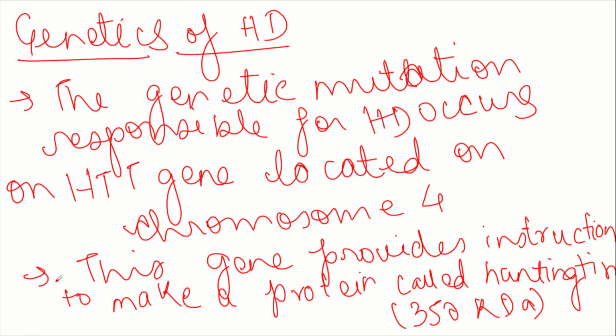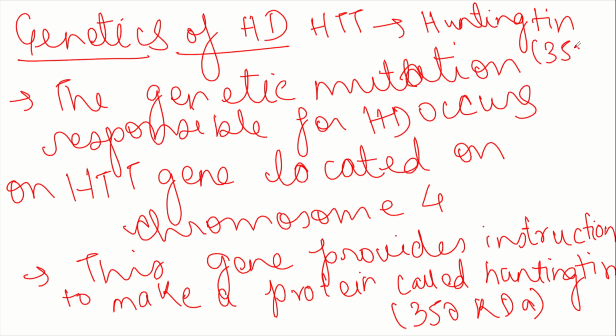Okay, so the HTT gene makes a protein called Huntingtin, which is of 350 kilodaltons, and the mutation occurs in this particular gene, which results in the disease of Huntington. Let's learn more about this.